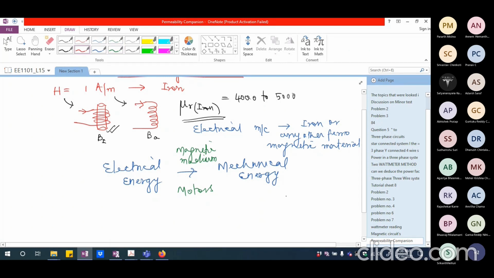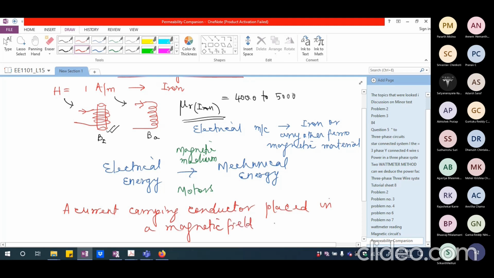Because whenever you are going to place a current carrying conductor placed in a magnetic field, it is going to experience a force. Right? If it is placed in a magnetic field, it is going to experience a force, due to which eventually it has to start moving.